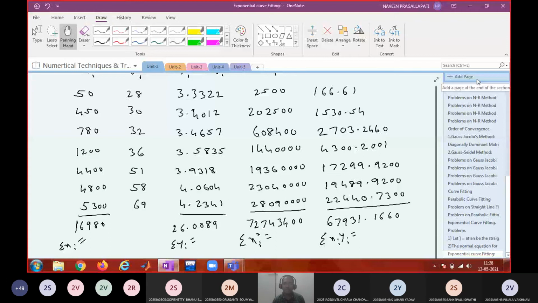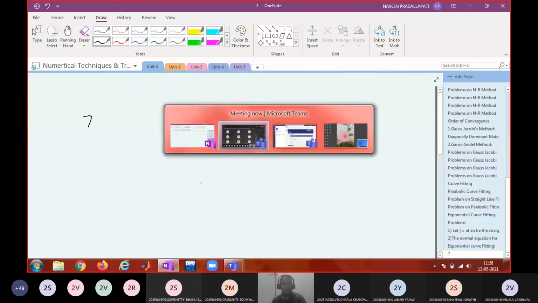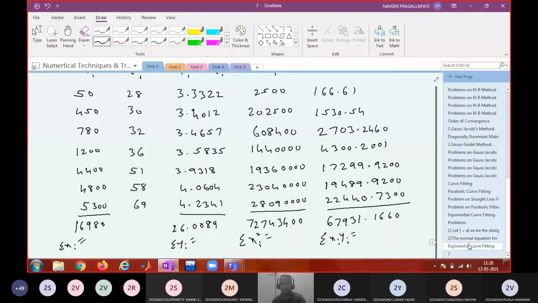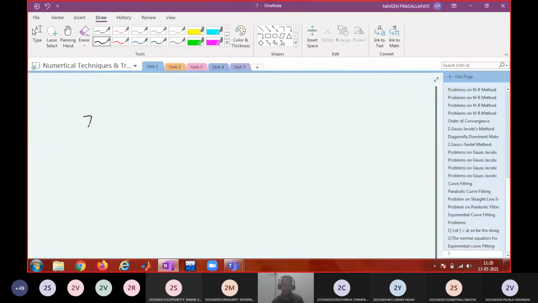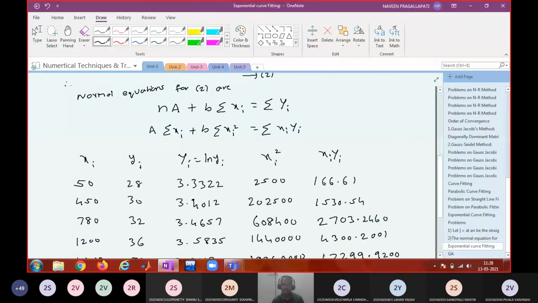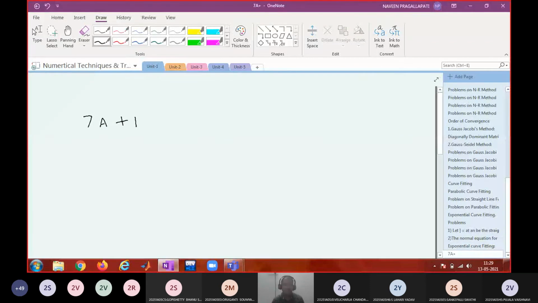So therefore 7 capital A plus sigma xi, 16980, into B is equal to sigma Yi, 26.0089.